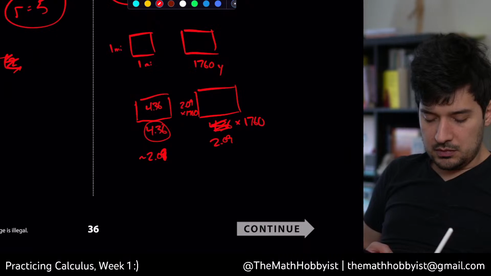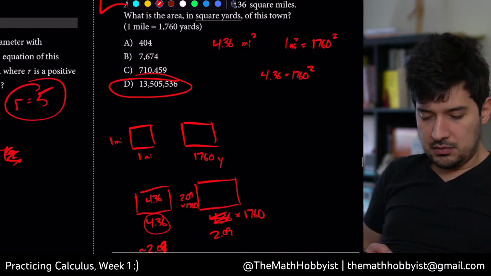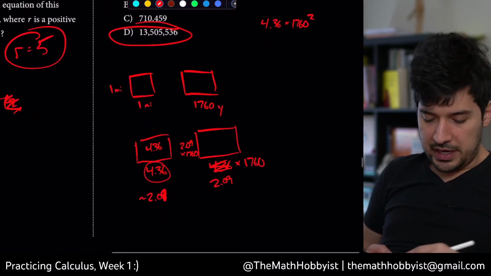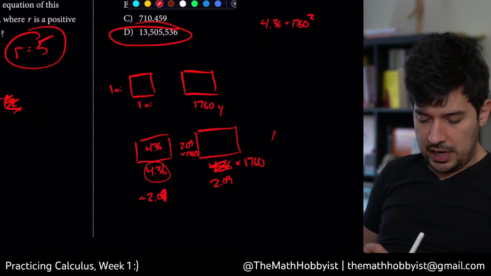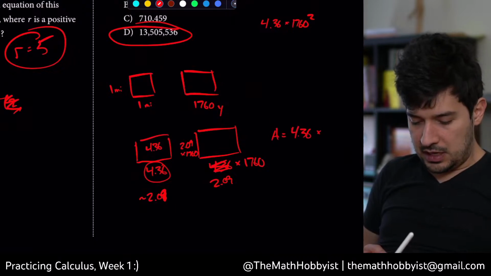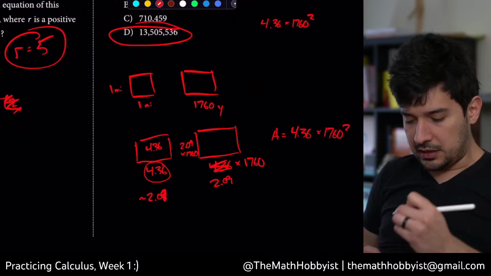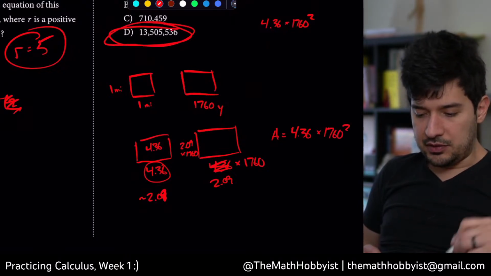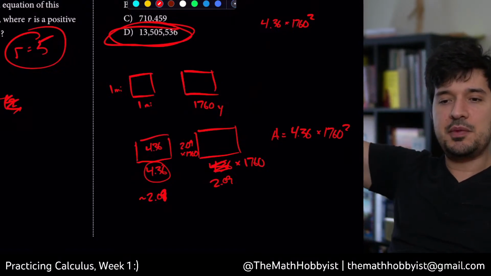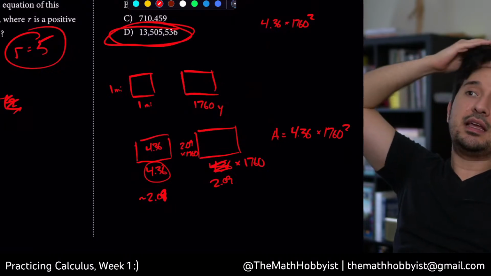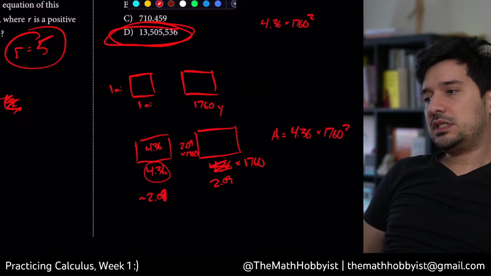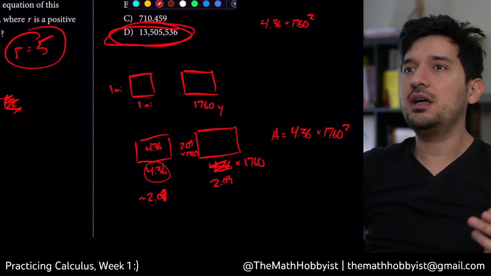And when you multiply 2.09 by itself, in other words, a square, then the area is going to be 4.36 times 1760 squared, which again gives us answer D. So after taking a break, a breath, and coming back, now I'm more confident in that answer that we chose before.